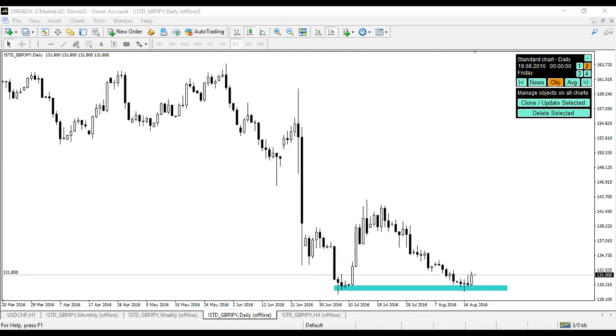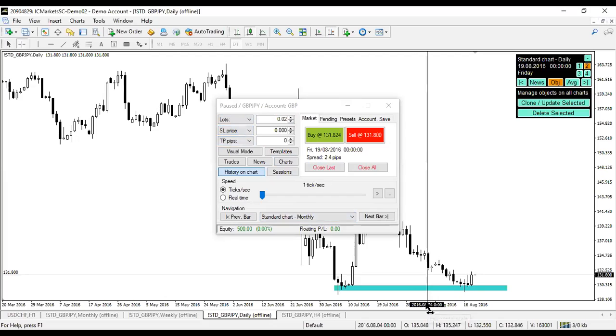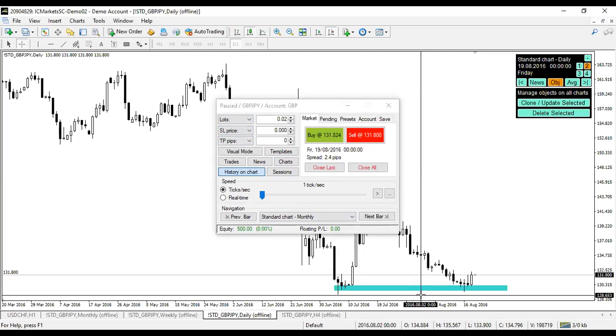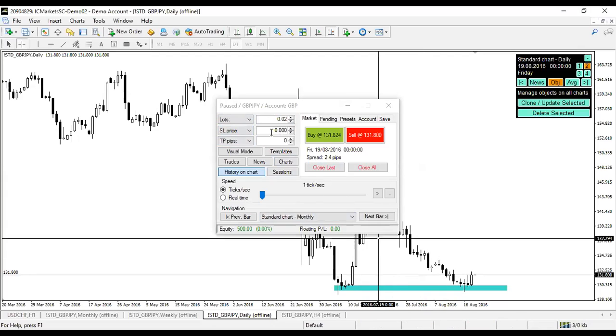So what we do is we have a $500 account, so we open 0.02 lot here, and the stop loss right below the level, right below this support here, 129,700.